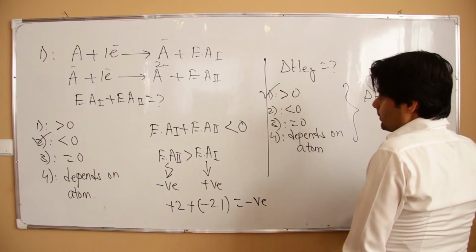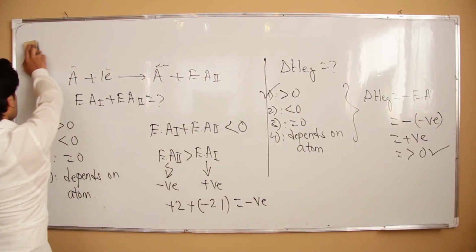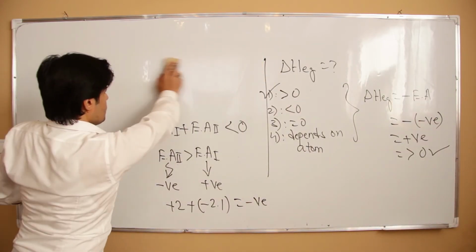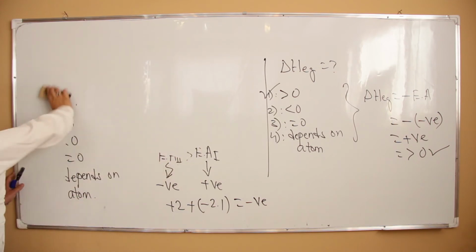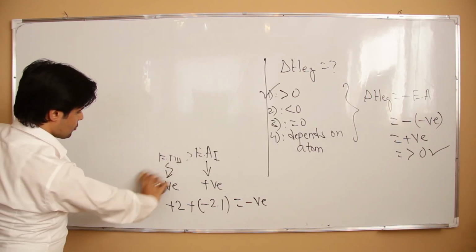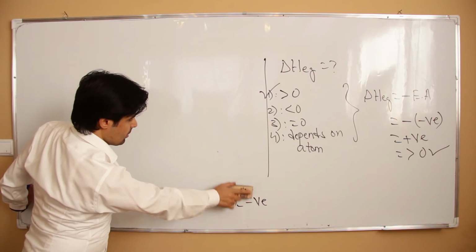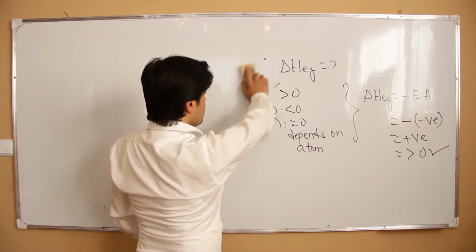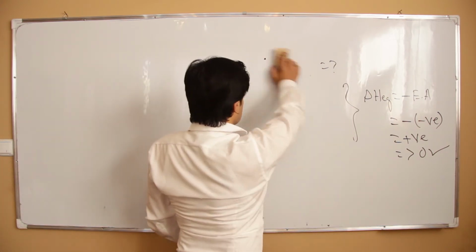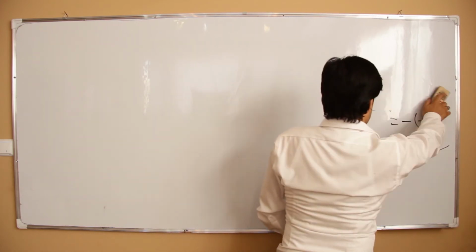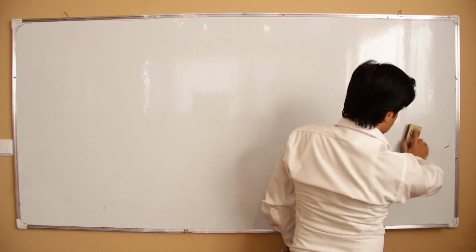Come to the next example. It's very simple. In the next lecture, inshallah, we will talk about variation of electron affinity in the periodic table, especially in periods and groups.